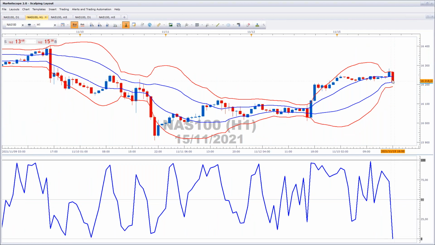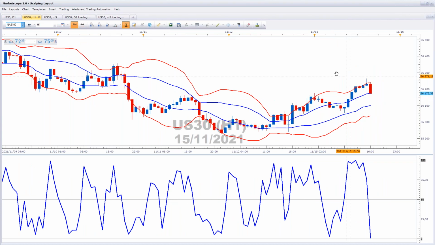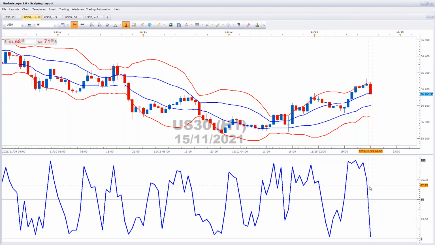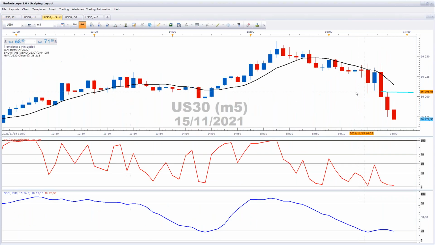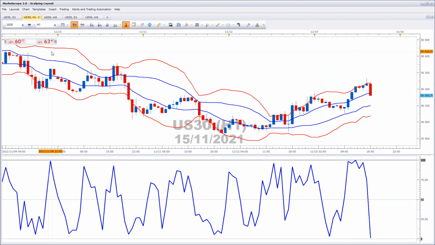I think the Nasdaq might be disqualifying itself. Let's just go back to that US 30. The markets are exceptionally weak on the Monday Open so far.